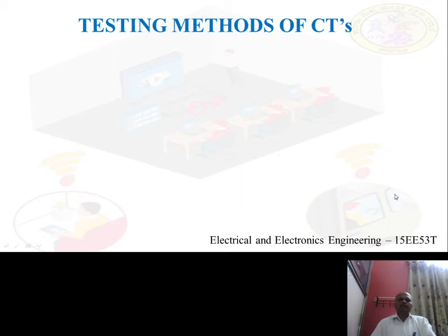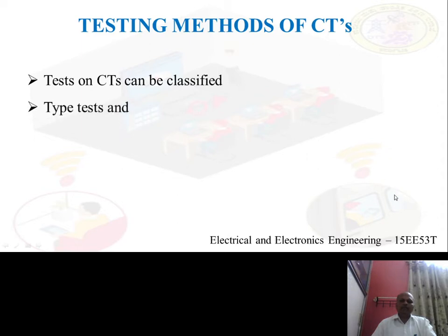In industries, manufactured CTs and PTs before dispatching are subjected to different testing methods. The different types of tests carried out in case of CTs are classified as type test and routine test.